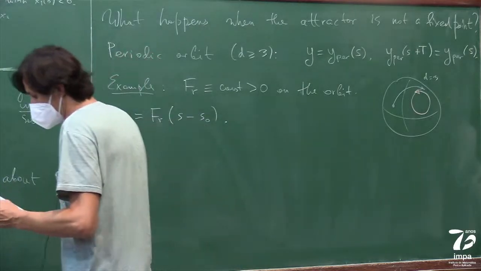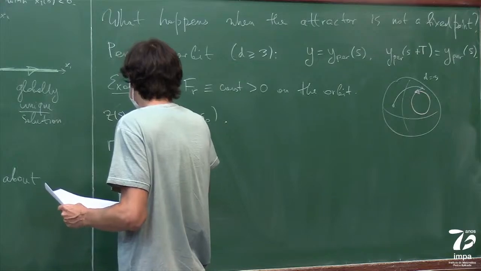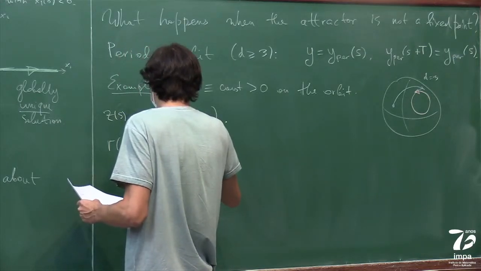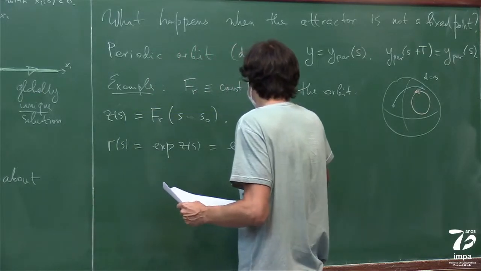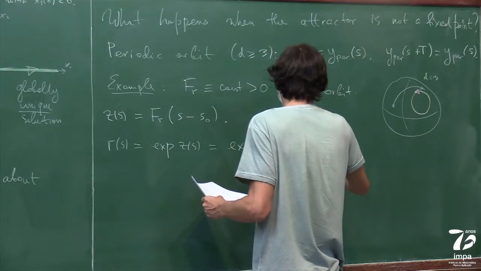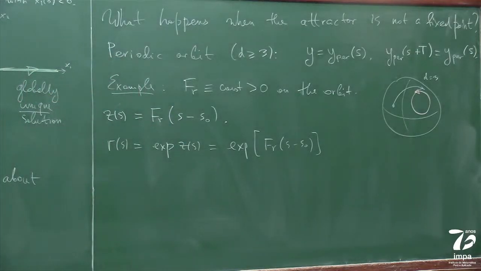And then r of s is the exponent of z of s, which is the exponent of Fr (s minus s0). Good.